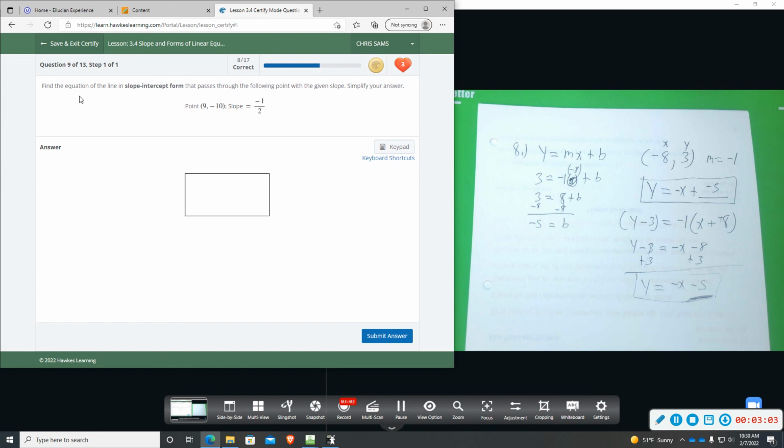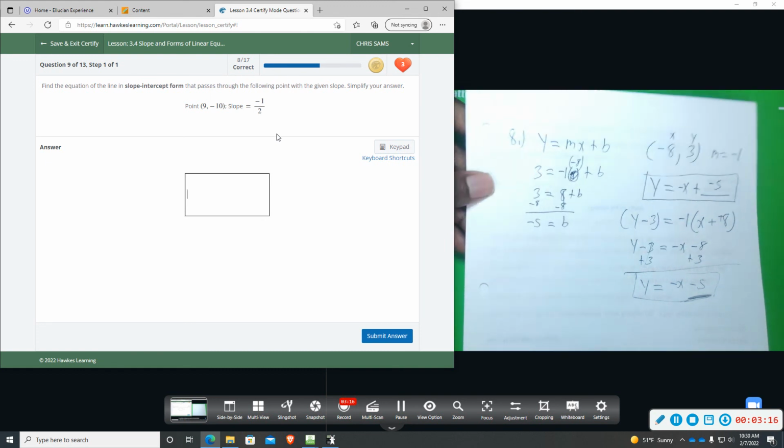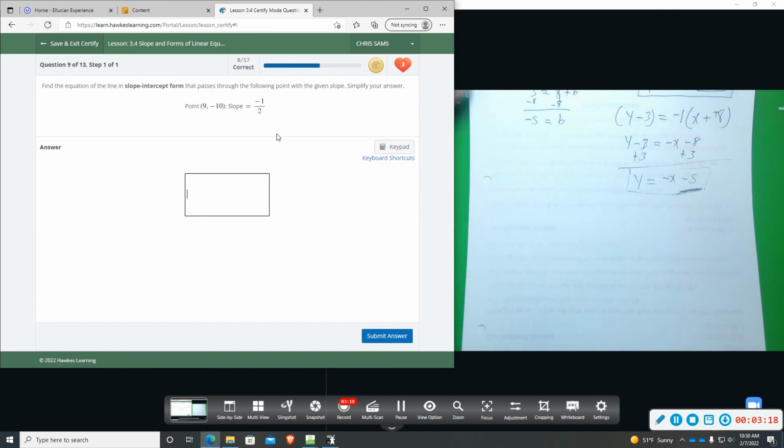All right, and then 9, we're going to write the equation in slope-intercept form that passes through this given point and has this slope. So here's one of the ones I was mentioning, that when it has fractions, it might be a little bit more challenging.